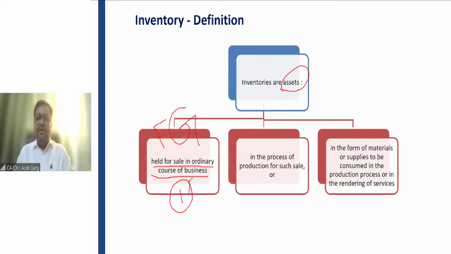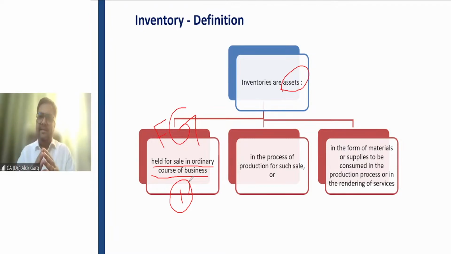TCS bought 5 Maruti cars for their top employees. These employees didn't like the car, and now TCS is selling these cars. Tata Consultancy Services is an information technology company, a big IT giant.